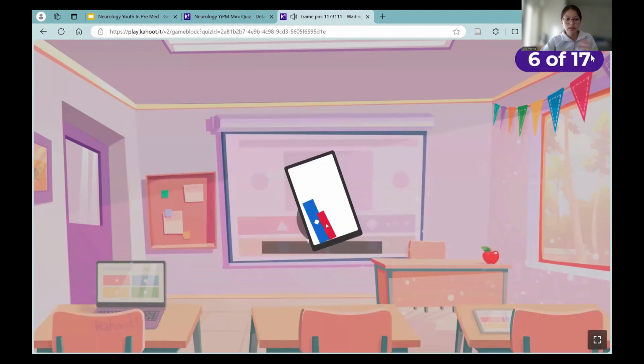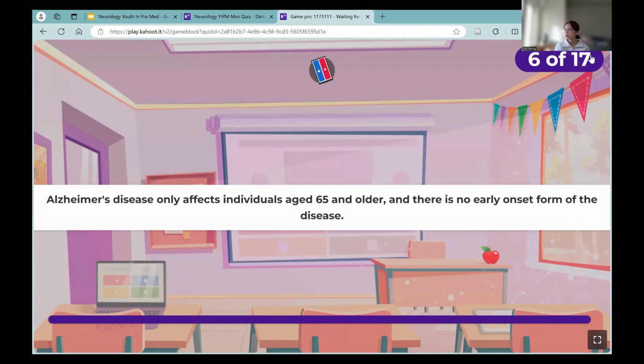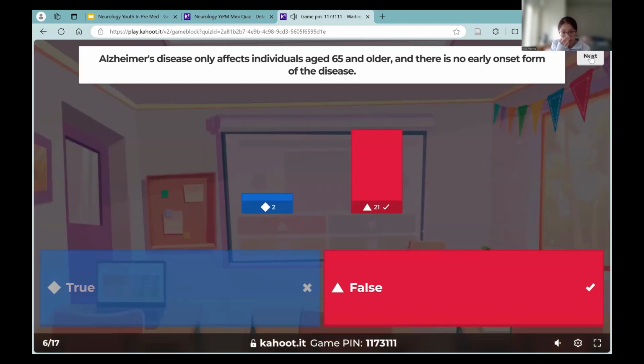Okay, great. And next we have true or false. Alzheimer's disease only affects individuals aged 65 and older, and there is no early onset form of the disease. Okay, great. So this is false. There is early onset and late onset Alzheimer's disease, as Abby talked about.